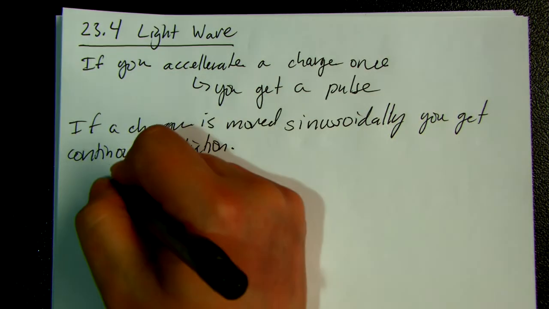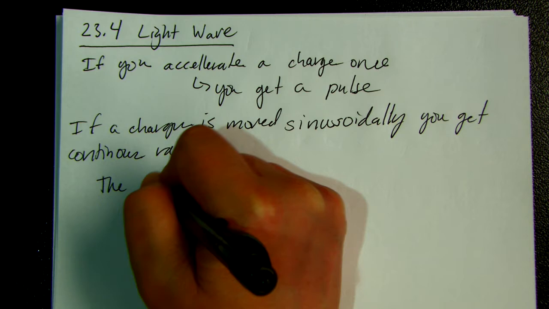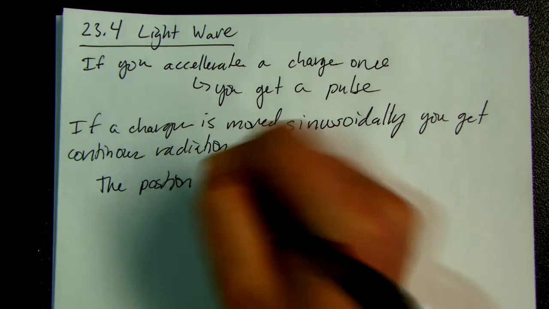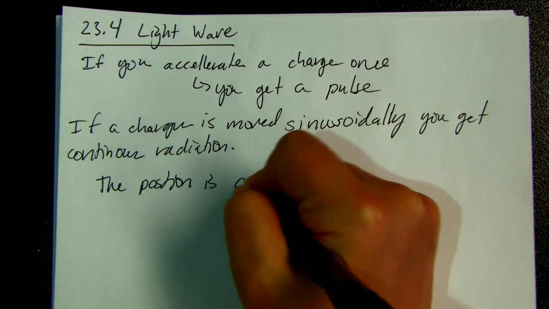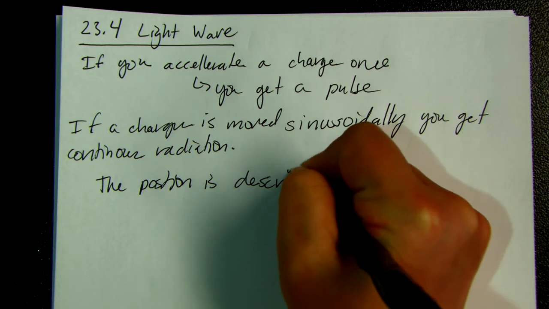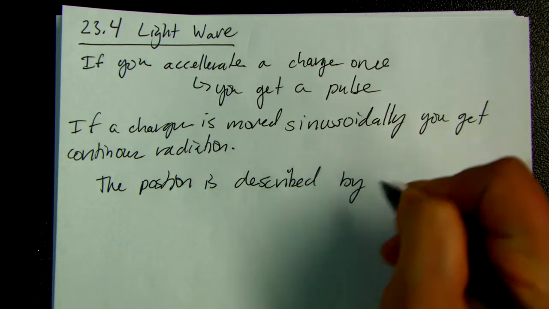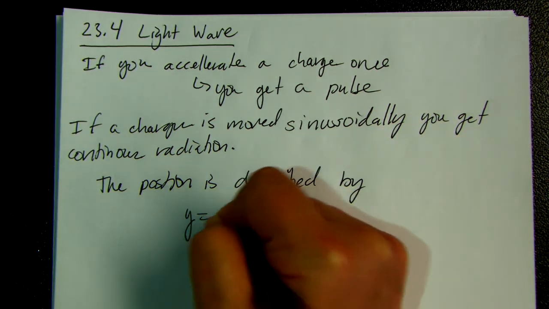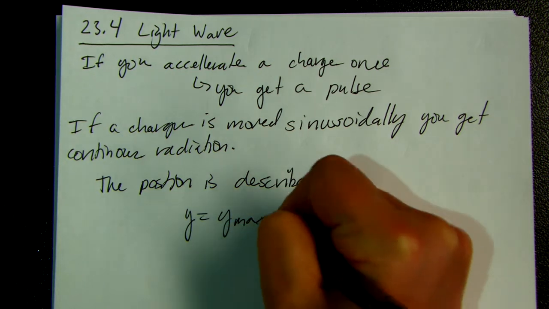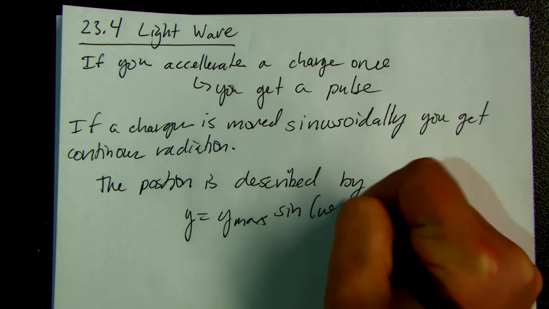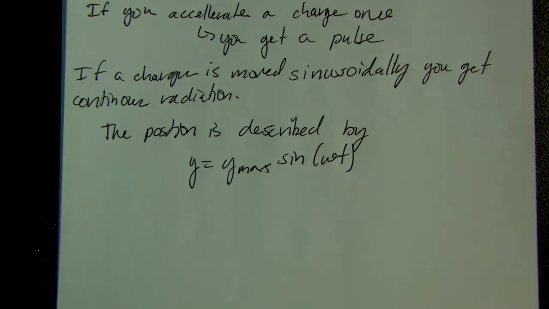So, the position for this light wave radiation is described by y equals y max sine omega t. So you've seen equations like this before in this class.